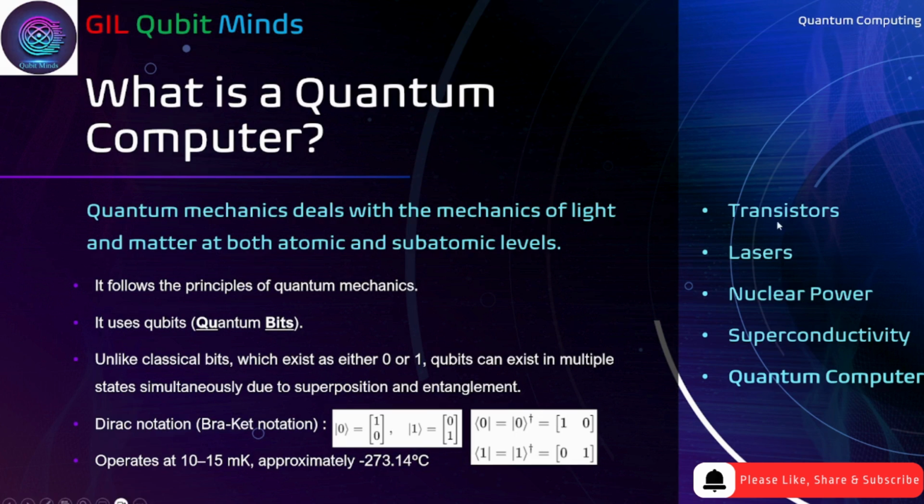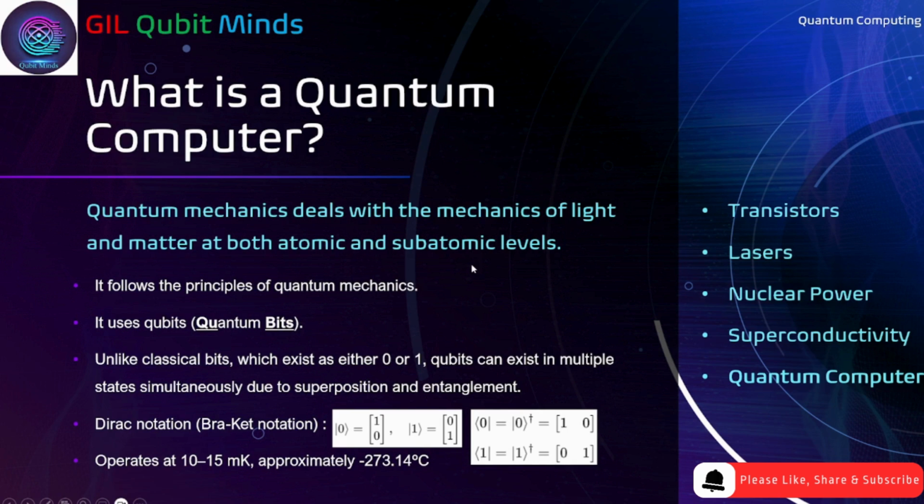Quantum mechanics has also brought lots of benefits in various areas: researchers invented transistors and lasers, developed nuclear power plants, and explained superconductivity with quantum mechanics. And nowadays the quantum computer is built on top of quantum mechanics.